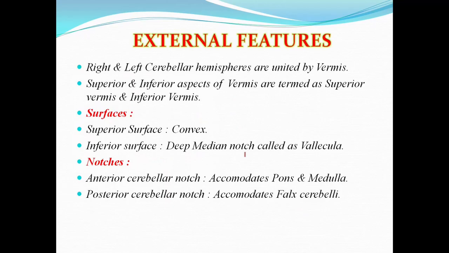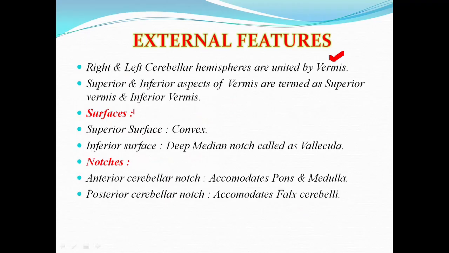The right and left cerebellar hemispheres are united by the vermis. Likewise, when we study the cerebrum, the right and left cerebral hemispheres are interconnected by the corpus callosum. Here they are interconnected by the vermis.